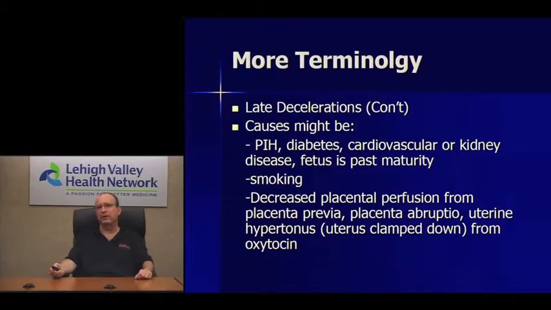Some more about the late deceleration, some of the additional causes can be diabetes, cardiovascular or kidney disease, if the fetus is past maturity, if mom's still smoking, or any reason for decreased perfusion to the placenta, like a placenta previa or a placental abruption, or a uterine hypertonus, which just means that the uterus is so clamped down, the blood just can't get from the uterus to the placenta.